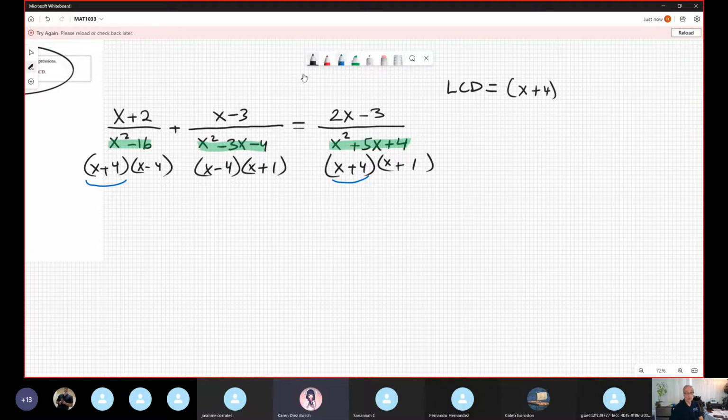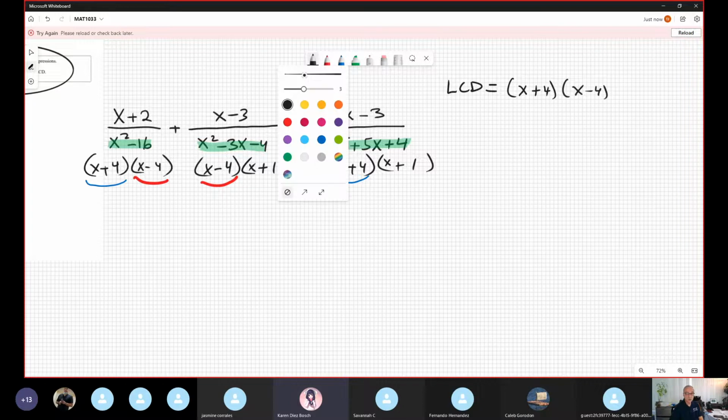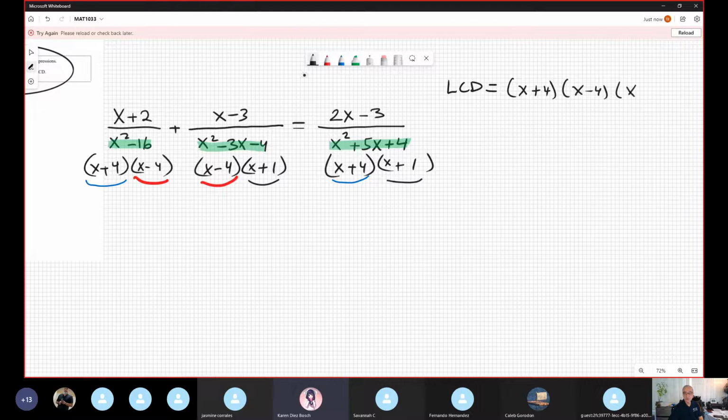Okay, no, it's only one. X minus 4, you see here, you take one time. X minus 4, and I also see x plus 1, here and here. This is my LCD, easy, no big deal. And the other was long, this is short, one to three only.